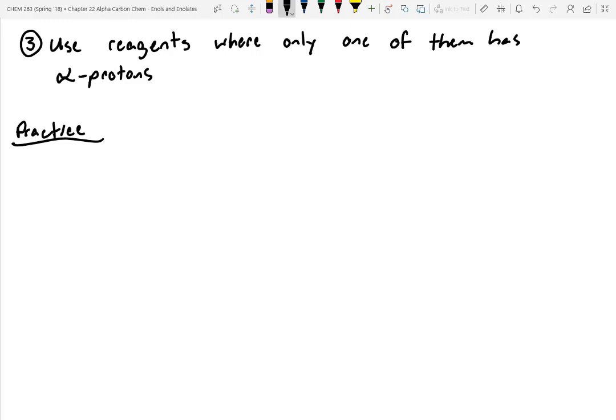And for this practice problem, it's going to be a beta-hydroxy ketone rather than a beta-hydroxy aldehyde. And the question is, which starting materials would you need to make this?